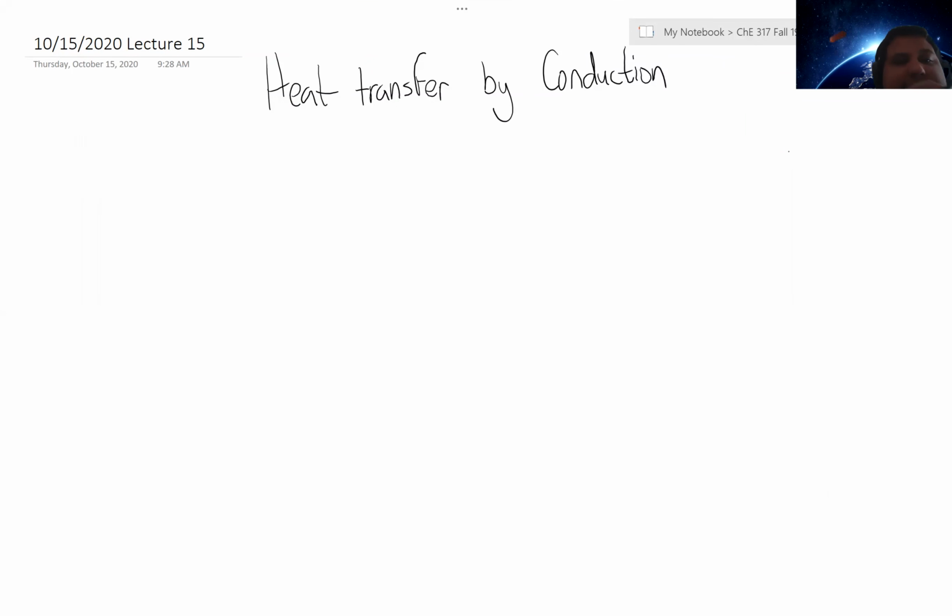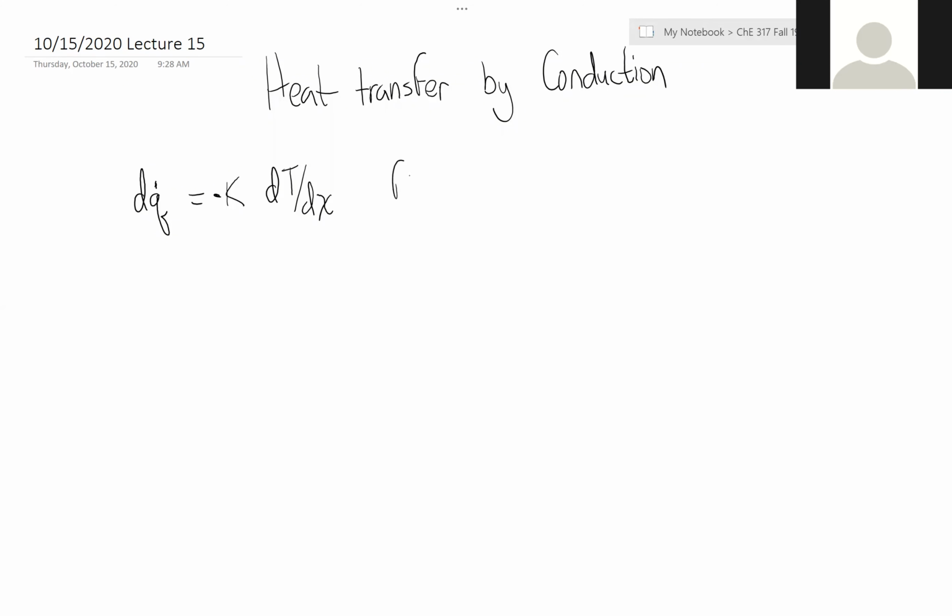Recalling from Tuesday, I can state that my heat flux, or even a differential heat flux, can be approximated as the temperature gradient that exists times a constant known as the thermal conductivity of a substance. Keeping in mind, this is for a one-dimensional system.